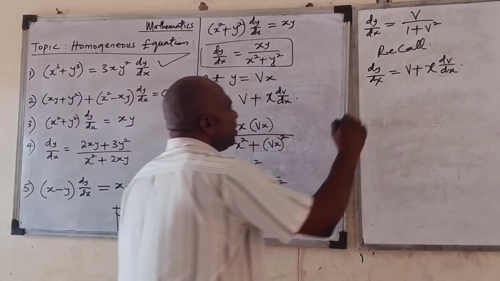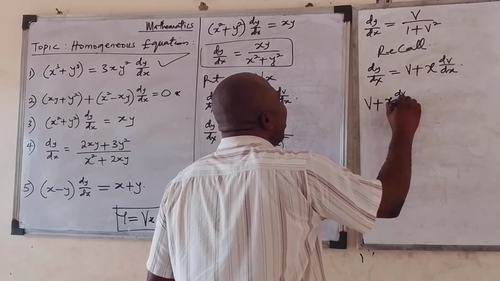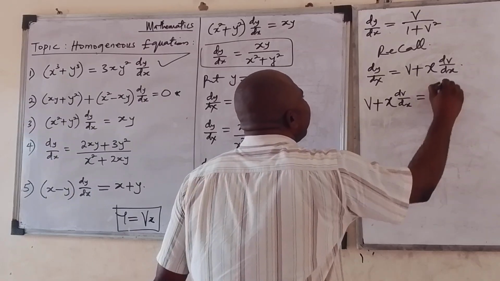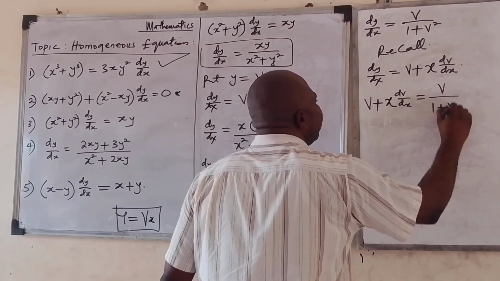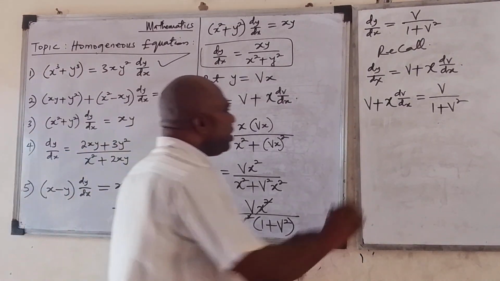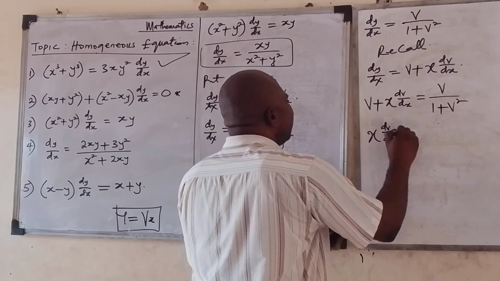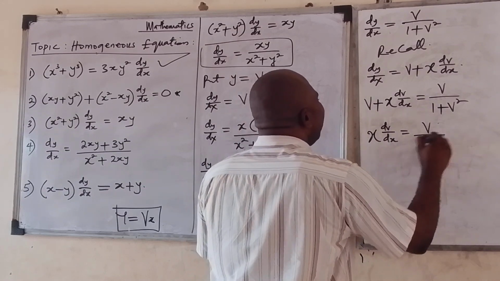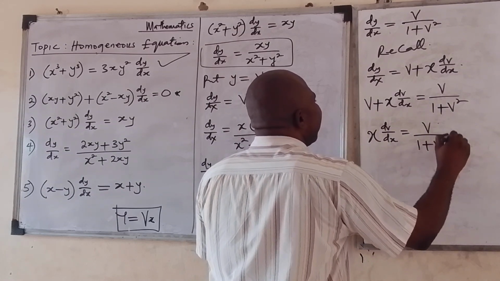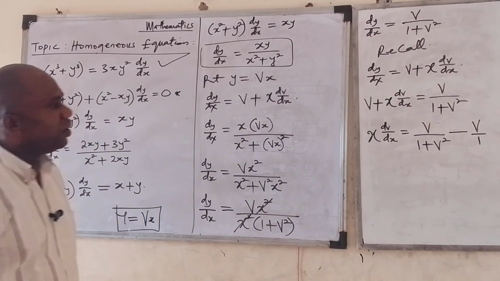So v plus x dv/dx will be equal to v all over 1 plus v squared. So x dv/dx will be equal to v all over 1 plus v squared minus v all over 1.